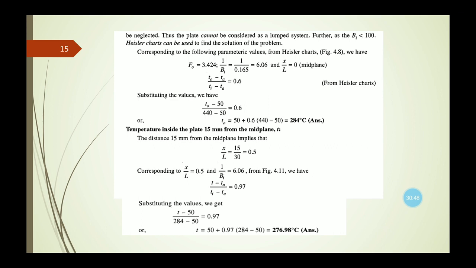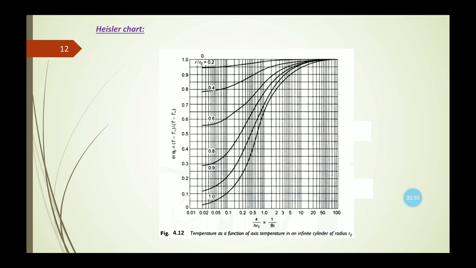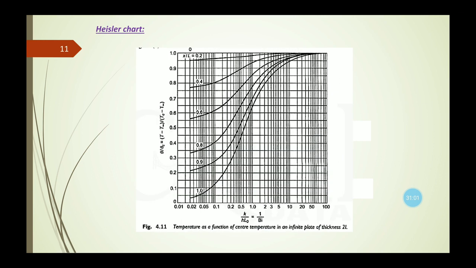So which chart will we use now, when x by L is given 0.5 and 1 by Biot number is 6.06? In that case we will use this chart. So x by L is 0.5 and 1 by Biot number is 6.06.